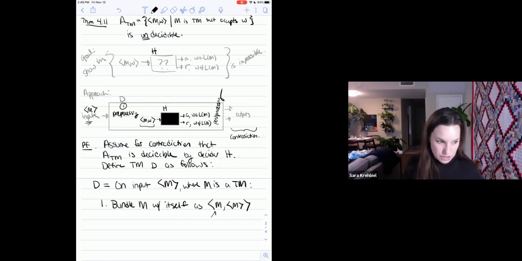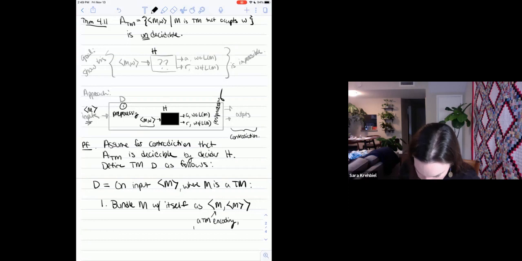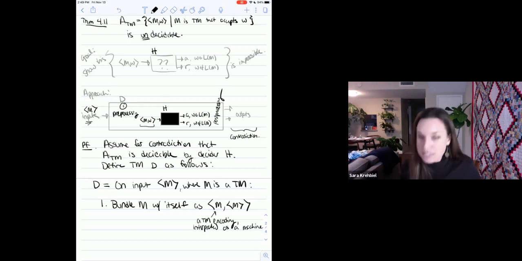This guy is a Turing machine encoding, and I'm going to interpret it as a machine. So it's an encoding. It gives me all the rules for a machine. I'm going to treat this like it's actually a machine.